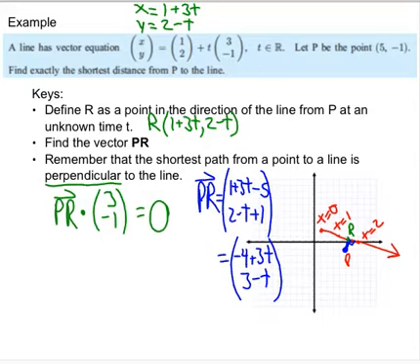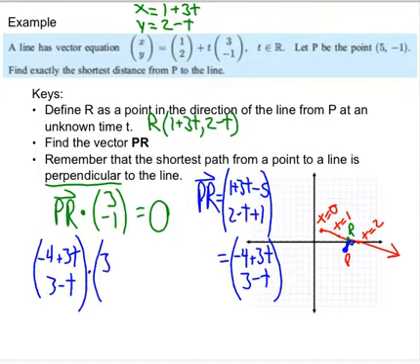Is there any part of this that we don't understand? I want to make sure everybody's with me on this. We got it? Okay. So now it's really just a matter of, we've got our equation, we just have to solve it. Okay? Negative 4 plus 3t, 3 minus t, dotted with 3, negative 1 equals 0.